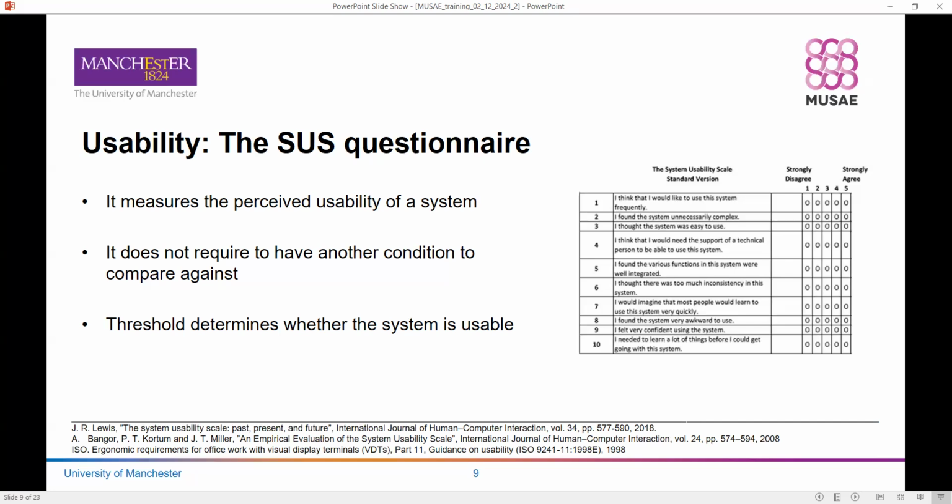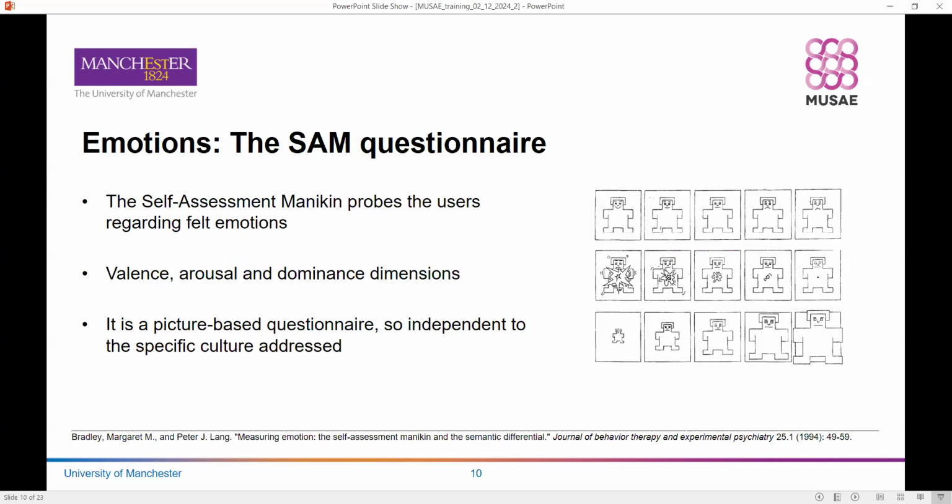So coming back to the example that I gave a couple of minutes ago, if you get a usability of 0.8, since it's above the threshold, you can say my system is accepted. It was accepted by the users. It's considered acceptable. So this is regarding usability.